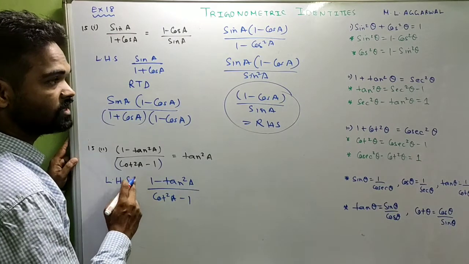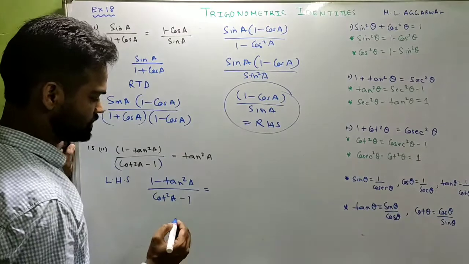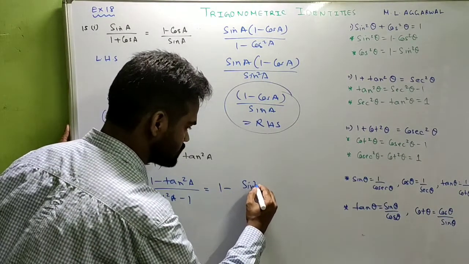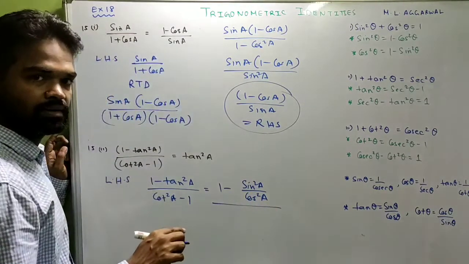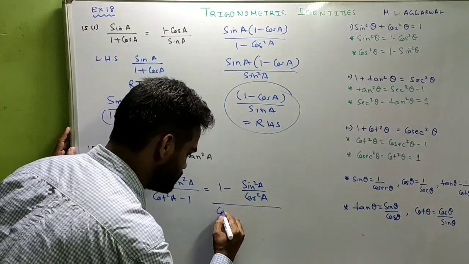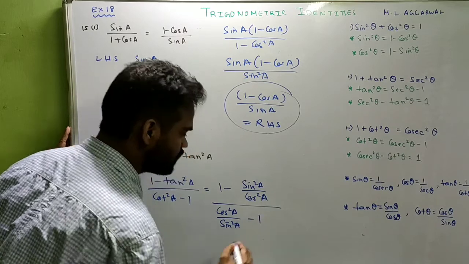Now 1 minus tan square A. If you look carefully, can we write this as 1 minus sine square A by cos square A? Because tan is nothing but sine by cos. Similarly, cot square A, can I write cos square A by sine square A minus 1?